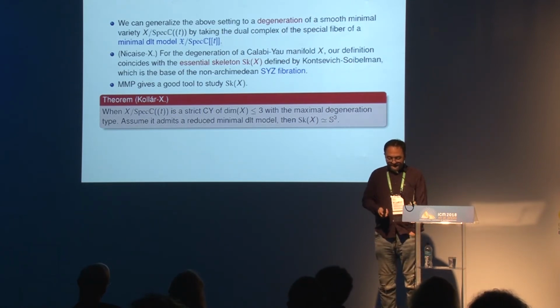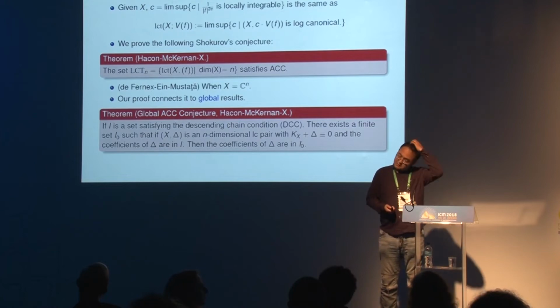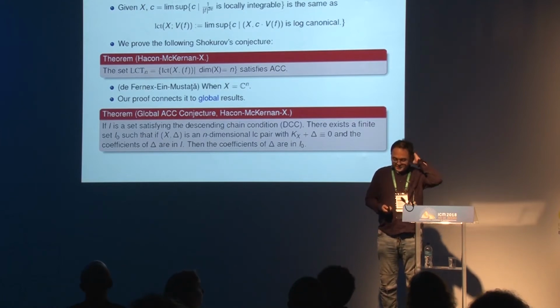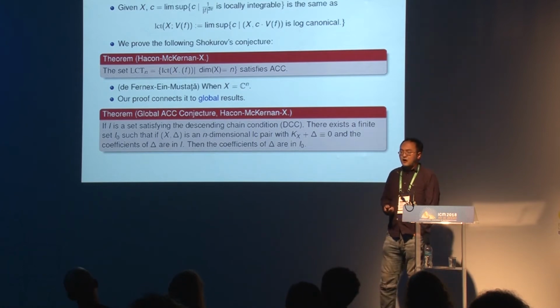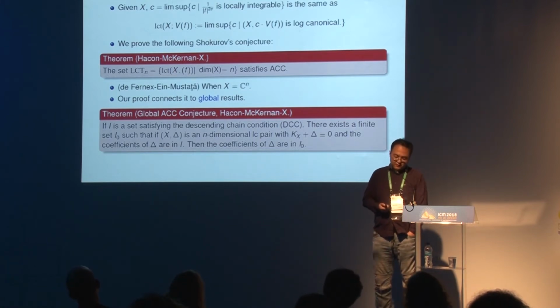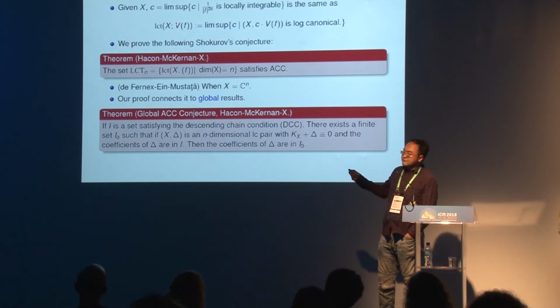Okay, now let's move to the second topic, to study this kind of invariant which originally comes out of the oscillating integral. Now I want to give it a new name, so I call it the log canonical threshold.